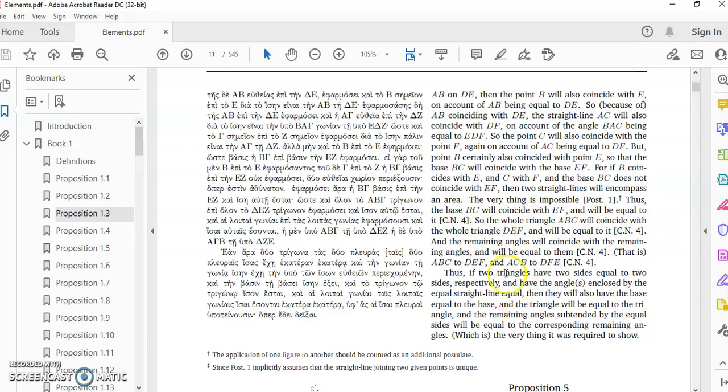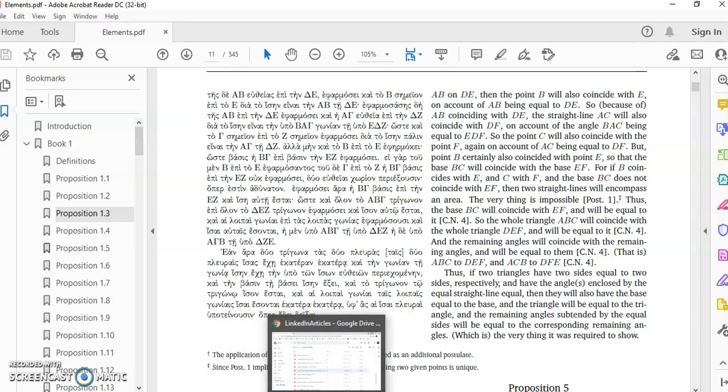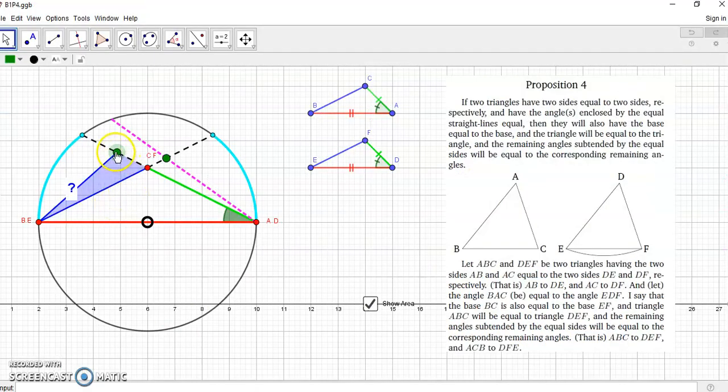For if B coincides with E and C with F, then the base BC does not coincide with EF, and then the two straight lines will encompass an area. And he says that very thing is impossible. The two straight lines cannot encompass an area, because they're part of the same triangle, okay? So this way or this way would result in an absurdity. So it has to be equal, okay?